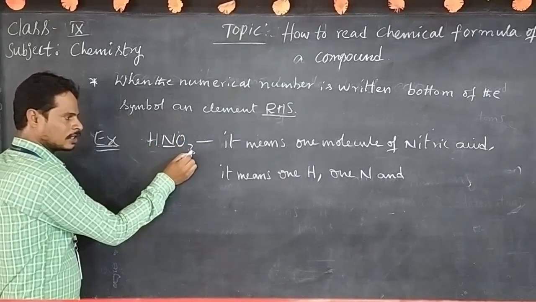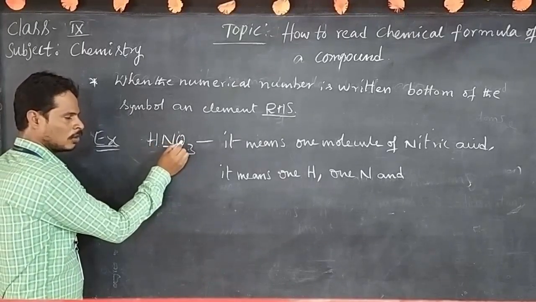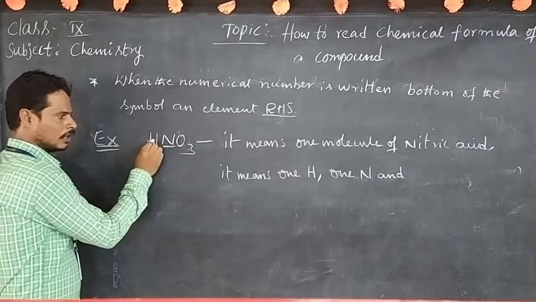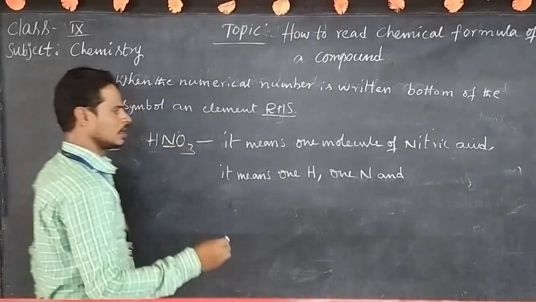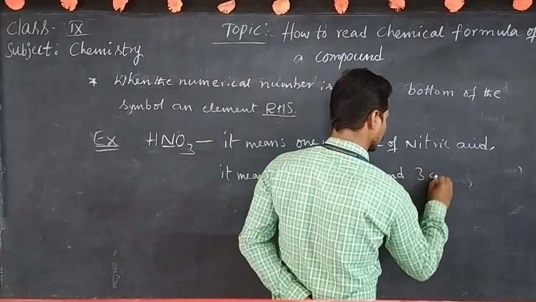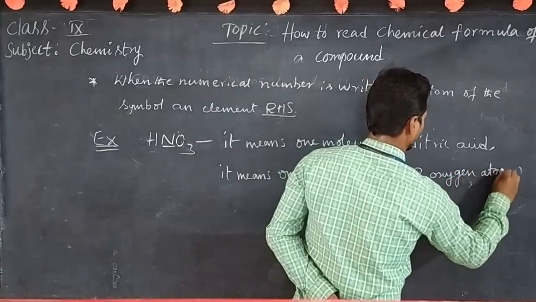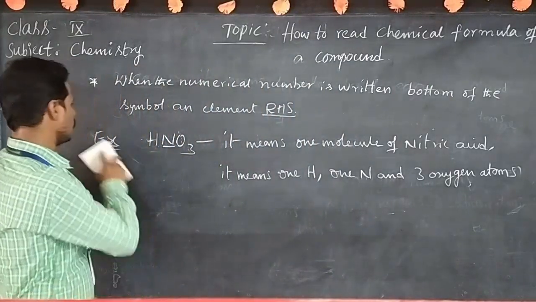Very important. So how much number is there? 3. So 3 into 1, 3 oxygen atoms. That is the next example.